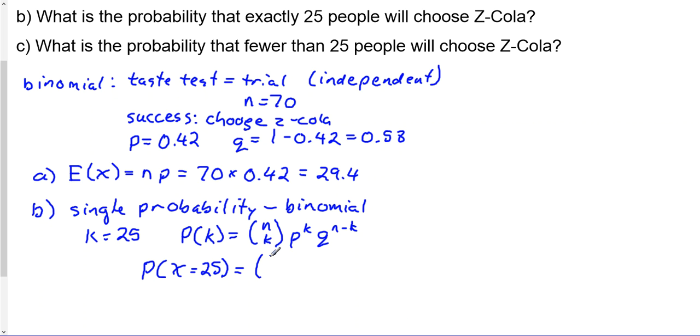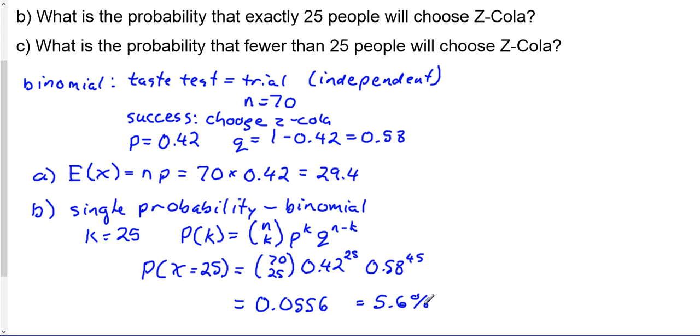So we're going to have 70 choose 25, our probability of success is 0.42, our k value is 25, our q value is 0.58, and we want 45 failures. And we can work this all out, and we get 0.0566, or 5.6%. Okay, so there's a 5.6% chance that exactly 25 people in our taste test will choose Z-Cola.